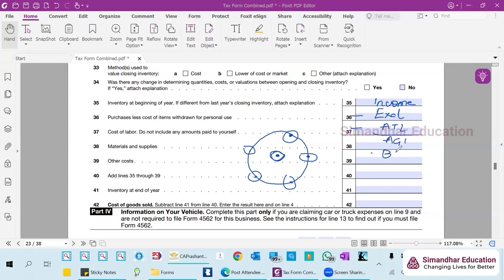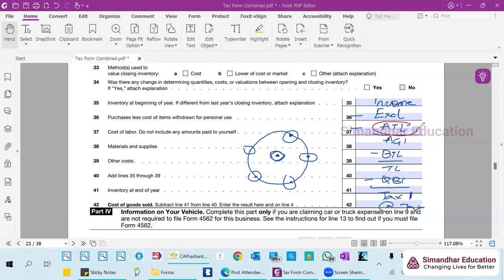Then below the line, then I get to my taxable income. Then QBI, taxable income, on which I calculate my tax. So I'm concerned right now about my above the line deductions.